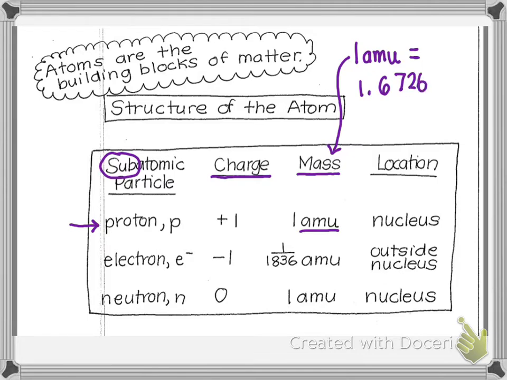1.6726 times 10 to the negative 24 grams. Now you do not have to memorize that number. I don't have it memorized actually, but it's a negative 24. That means it would have a decimal place, 23 zeros, and then the 1. So this is a teeny tiny number.